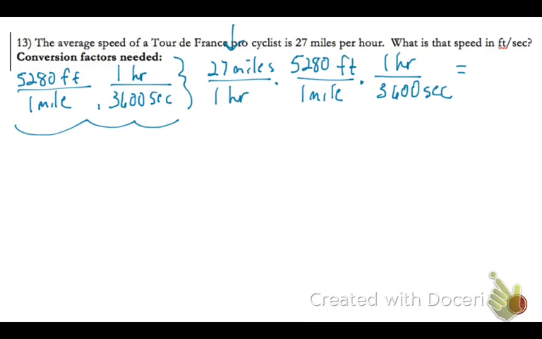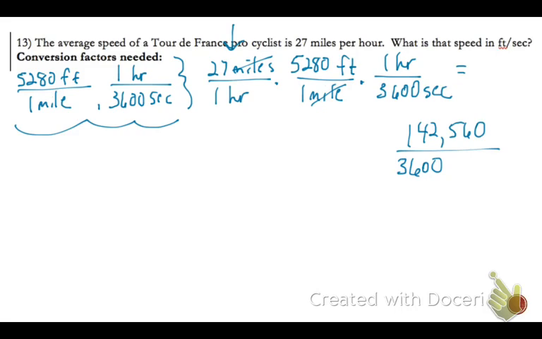So we'll multiply straight across. 27 times 5,280 will give us 142,560. And then in our denominator, 1 times 3,600 is just that. Let's look at our units. So start in the upper left. Notice our miles will divide out with mile, and it doesn't matter that one's plural and one's singular, it's just the unit.